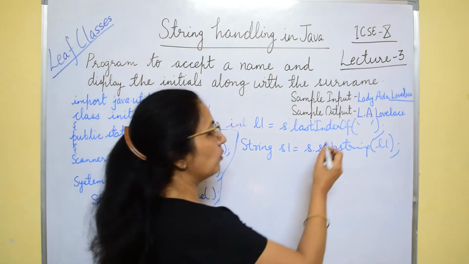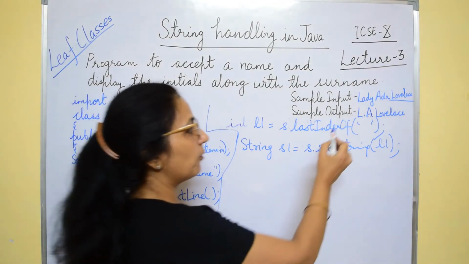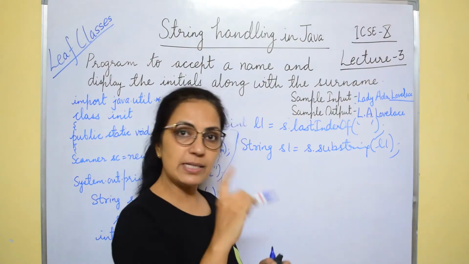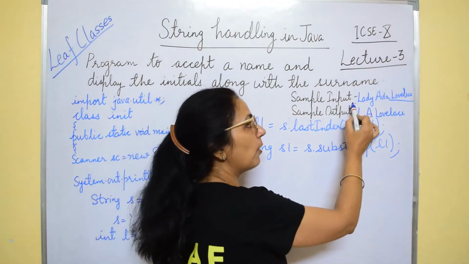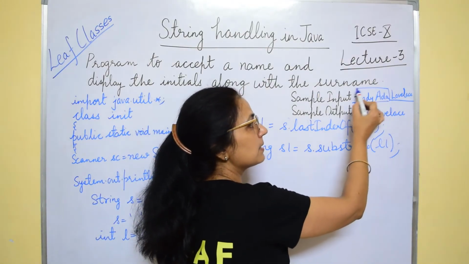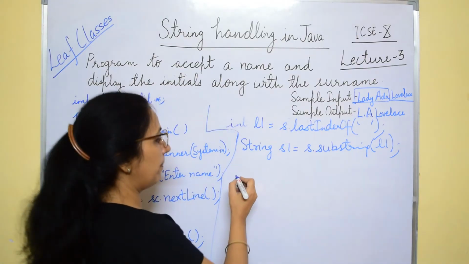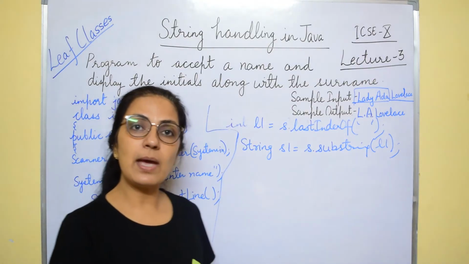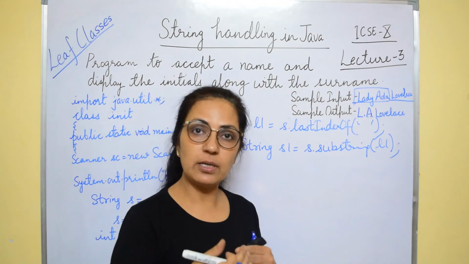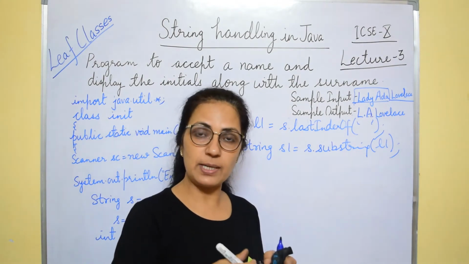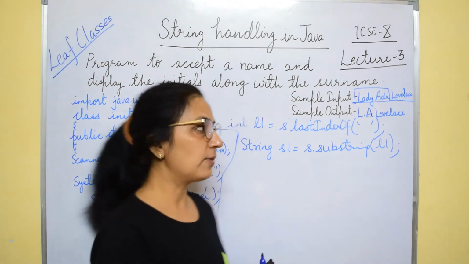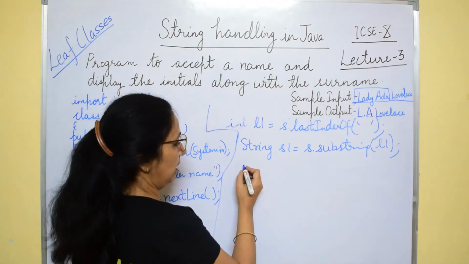Now we have to start from the beginning. Already one space we have added. From the beginning till this we have to repeat the process. What process do we have to do? We have to check for the space. Wherever the space is there, the next character after the space we have to store.